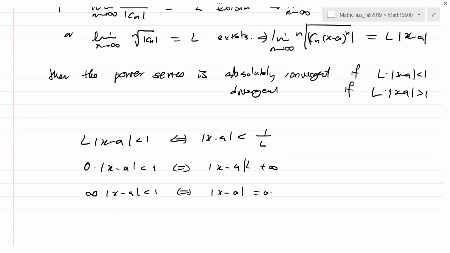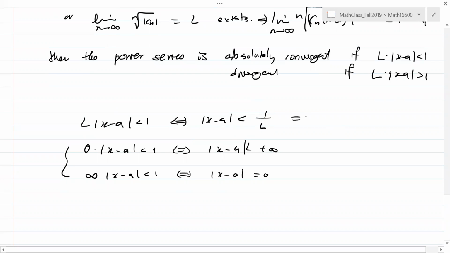Because 1 over infinity is going to be 0. That's a too extreme case. Just be careful, okay? Because the series will be convergent only when x equals a. You know this. The series is convergent only when x minus a is 0.